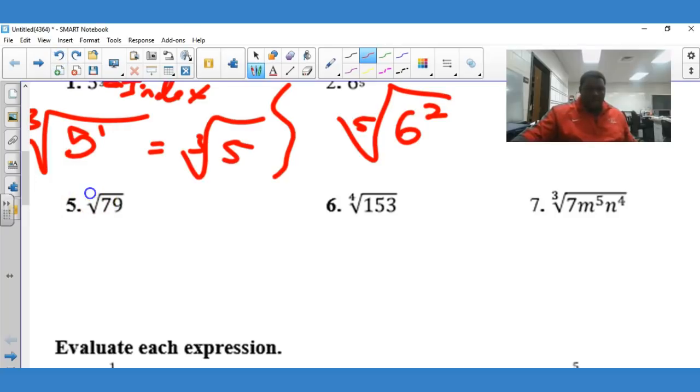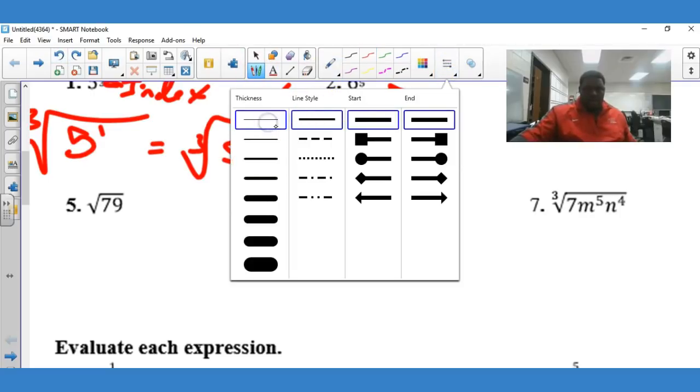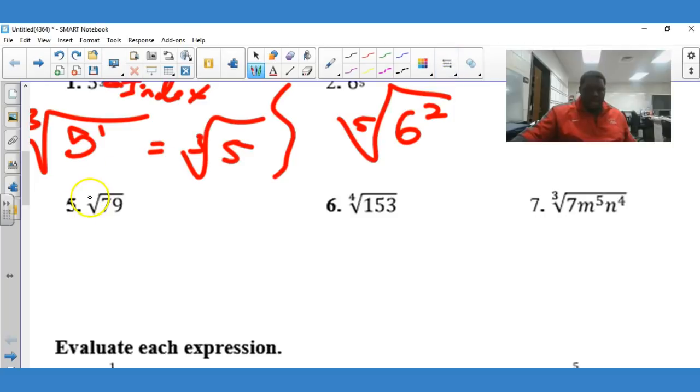So remember there's an implied 2 there. So our index would be 2, and the power, there's an implied 1 right there, 79 to the 1st. So when you write it as an exponent, because it's write radicals as exponents, you get 79 raised to the 1/2, okay?